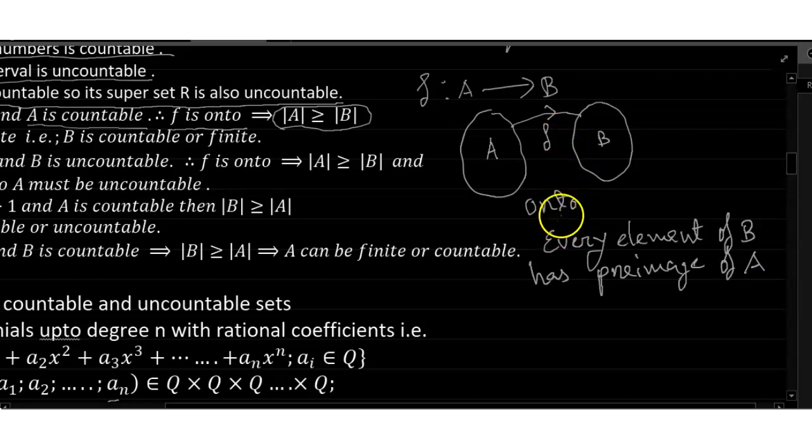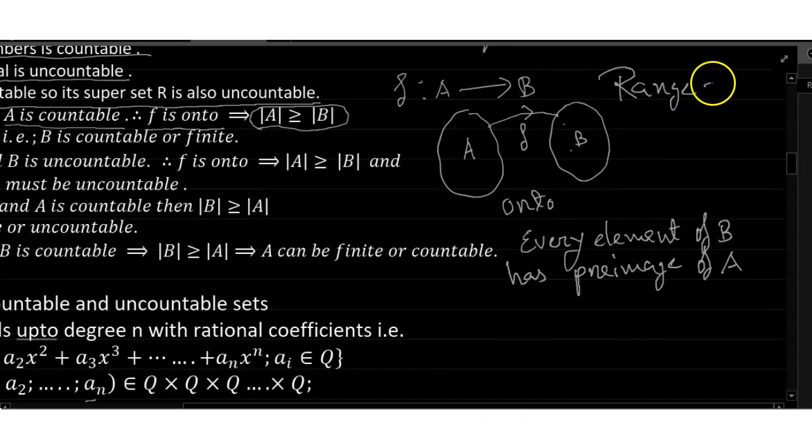So pre-image means this is called image, and pre-image means all elements of B get a pre-image. Means range equals codomain.